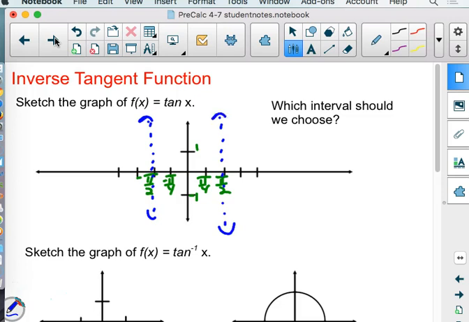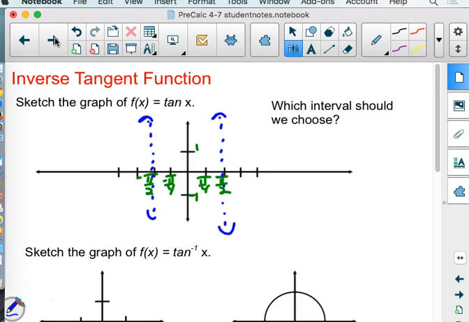What else helped us remember how to graph tangent? Negative pi over 4, negative 1. Well, how did you remember that one? What's pi over 4 as degrees?